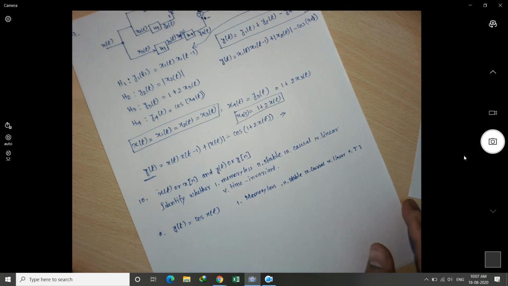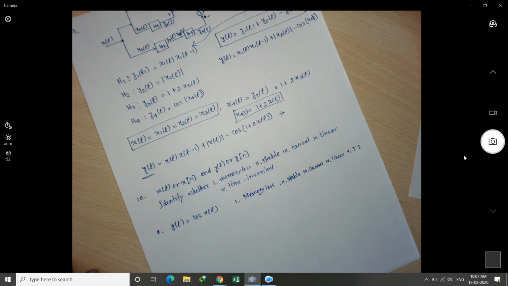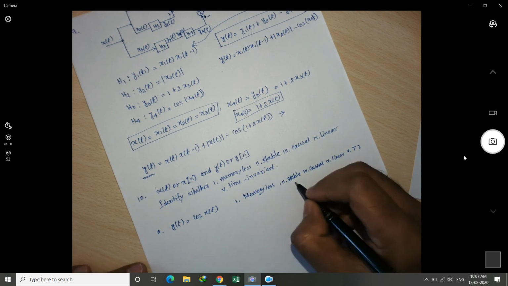Yes, sir. Memoryless, because it doesn't depend upon past or future values. It is depending only on the present values. So it is memoryless. Stable, yes, sir, right? Stable.